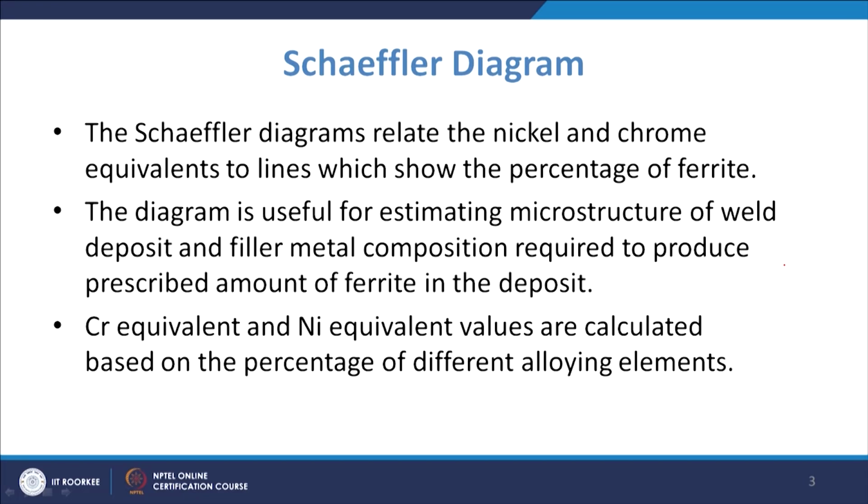So we must be sure what the filler metal composition should be, or with some type of filler metal which is used, what the composition of the weld deposit will be. Because you will have austenitic steel welds, you will have either austenite or ferrite. So what will be the composition for a prescribed amount of ferrite in the deposit? For that you have a diagram.